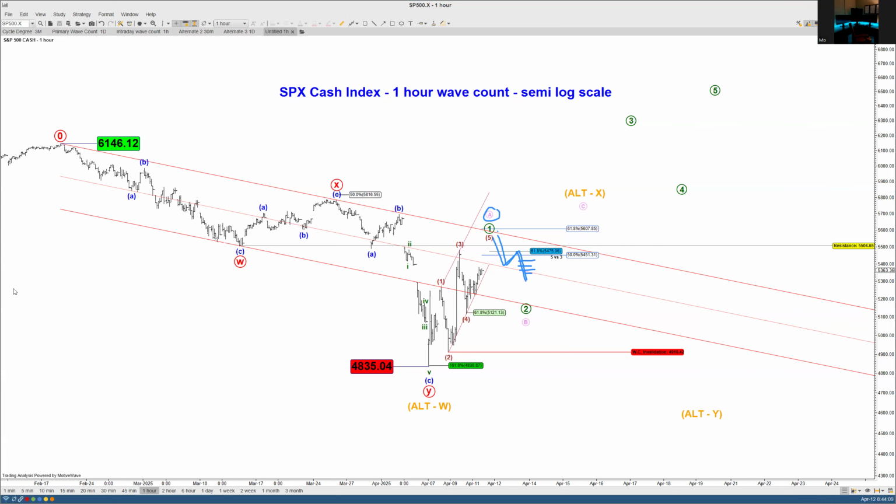So we'll see what happens. That's the 50% retracement from peak to trough, which is 54.51, and it already hit there.